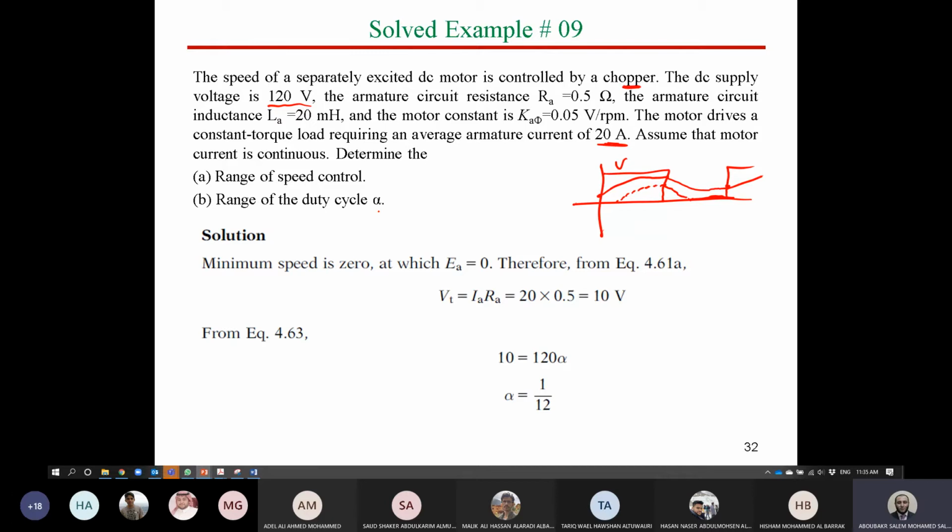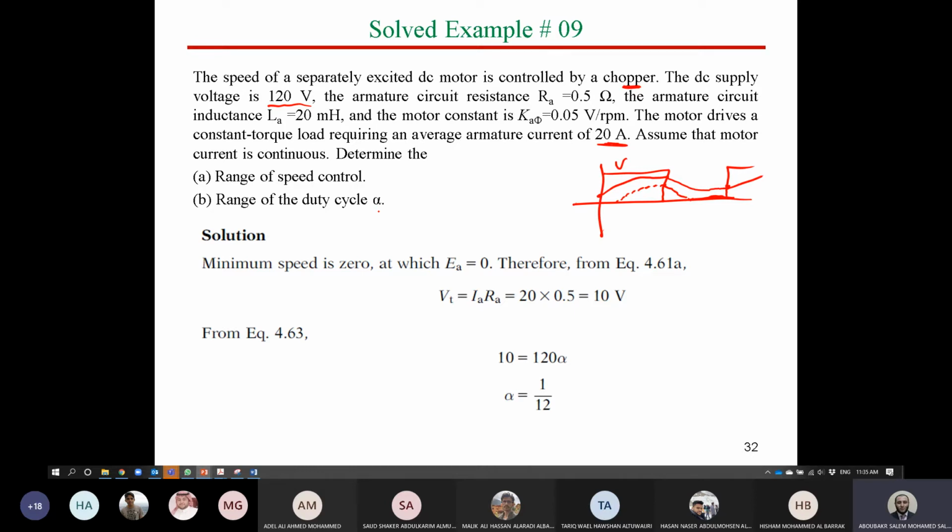Okay. For any motor, يا شباب, the minimum speed should be 0, which means that we need to make the motor stop. So in order to stop the motor, we should recognize the value of alpha, or duty cycle. Also, we need to find or define the maximum speed that we can obtain.